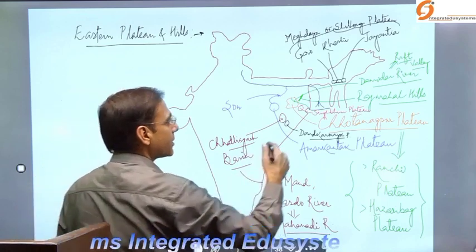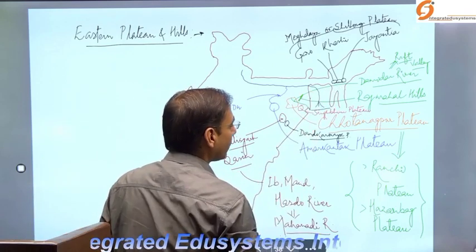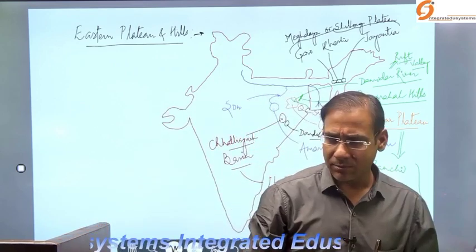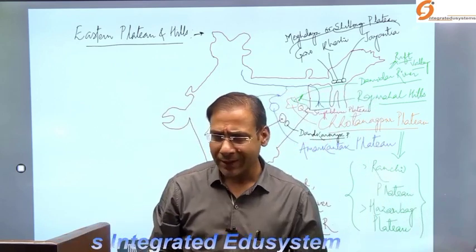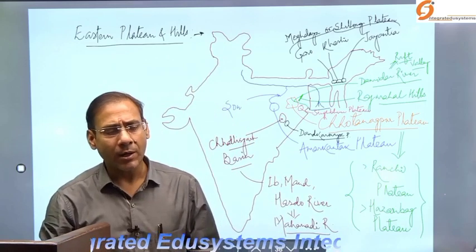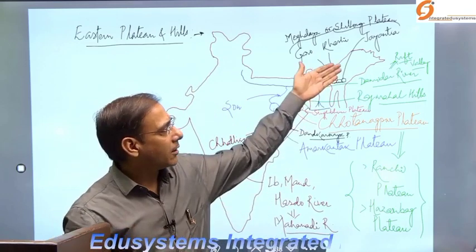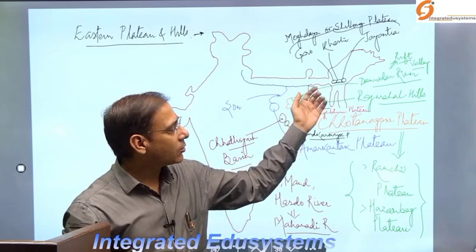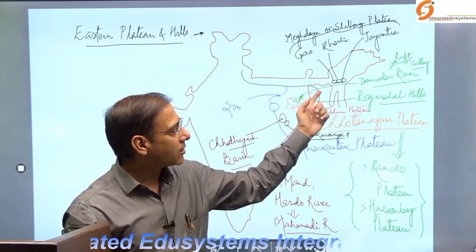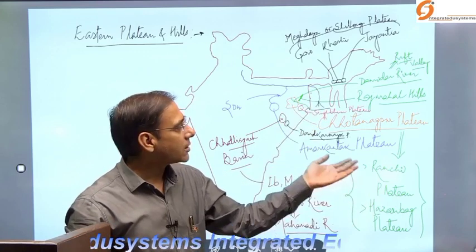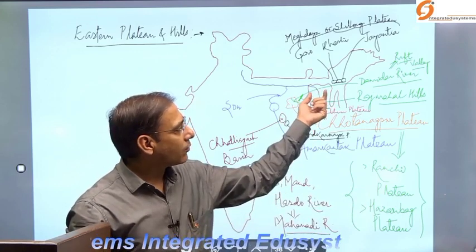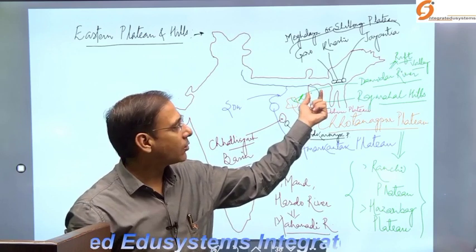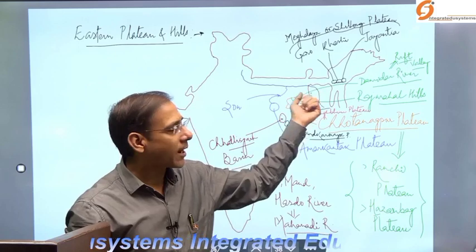Here, what I have said is that this is a gap which was created due to subduction of rocks. Why the subduction? Due to the tectonic activity and Himalayan upheaval. When the Himalaya started rising, due to tectonic events, the subduction went on, and that's why the rocks of this region shrank down, due to which a gap was created, and this gap, as I said yesterday, is known as the Malda Garo gap.